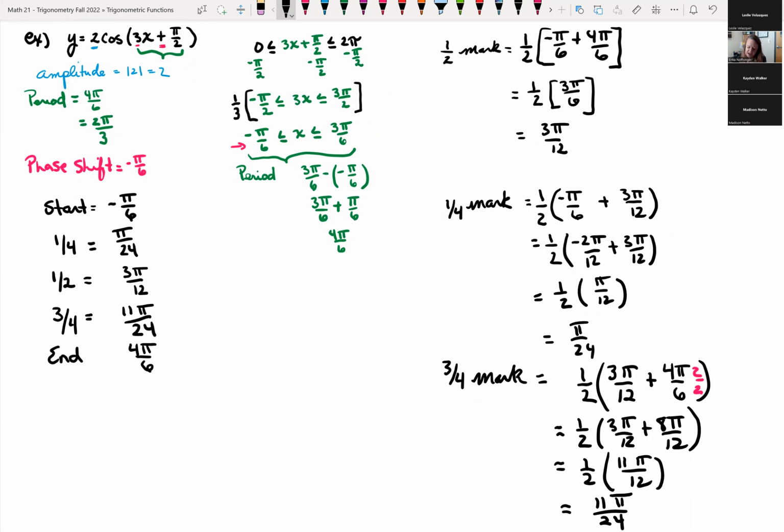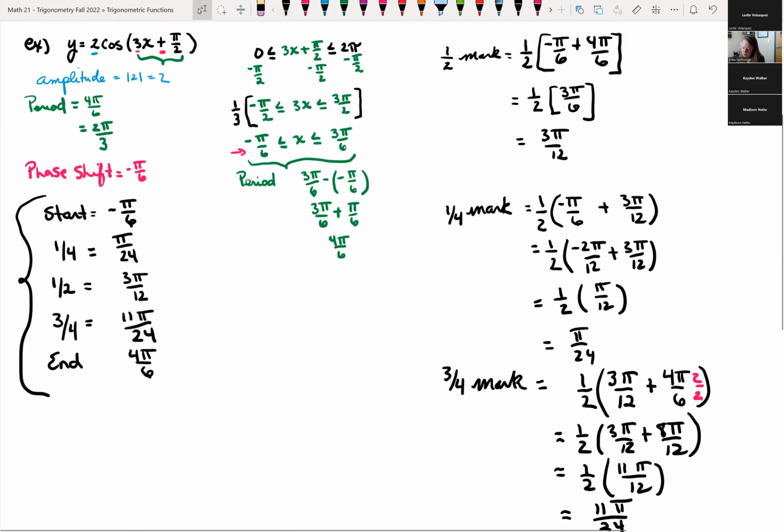Okay, so we now have the start and end value of one of our periods. We know what our amplitude is, we know what our phase shift is, and so we can now graph this. So let's mark those values on our graph.